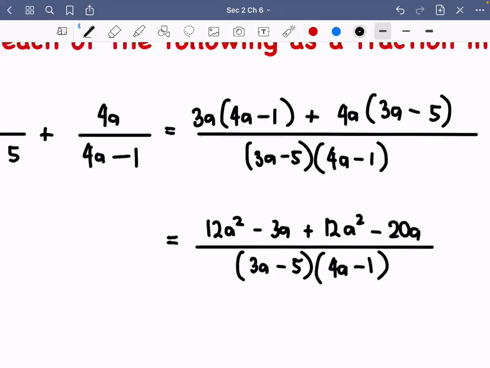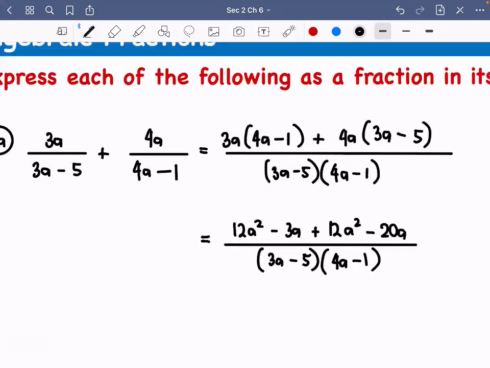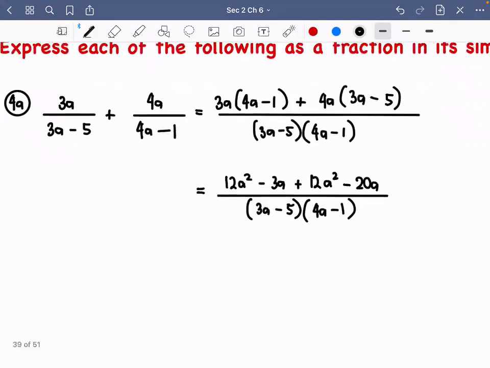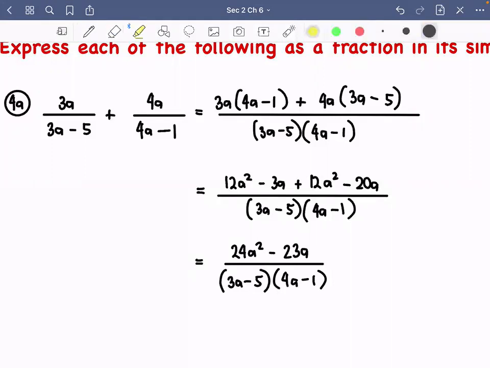So therefore, what's my final answer here? My final answer here is 24a squared minus 23a over 3a minus 5 and 4a minus 1. Did you do times or plus?